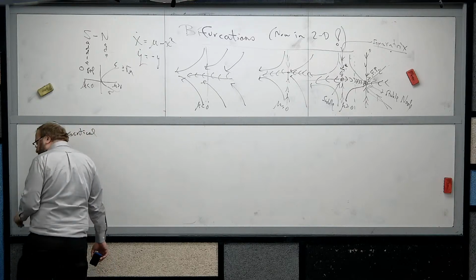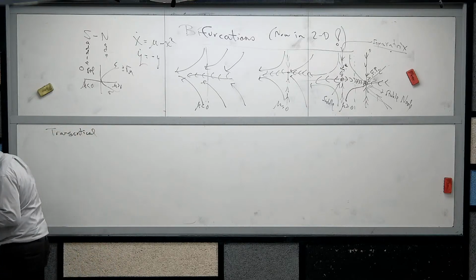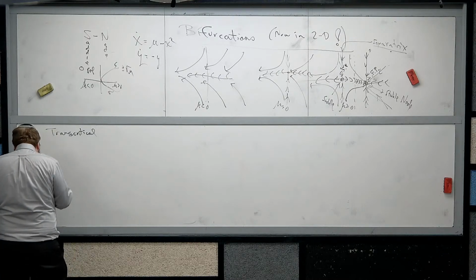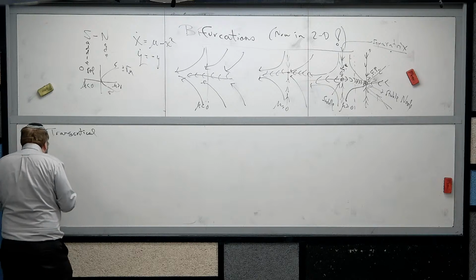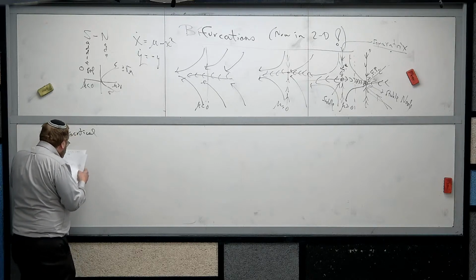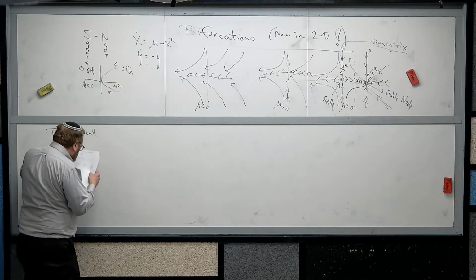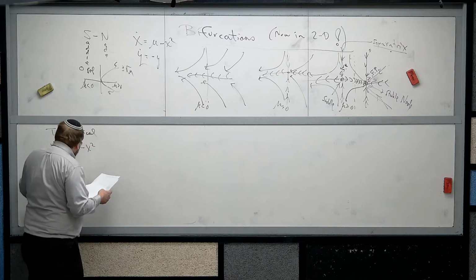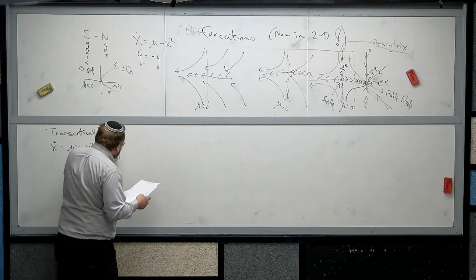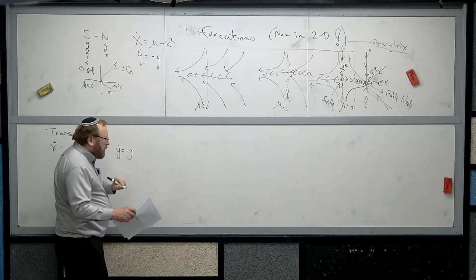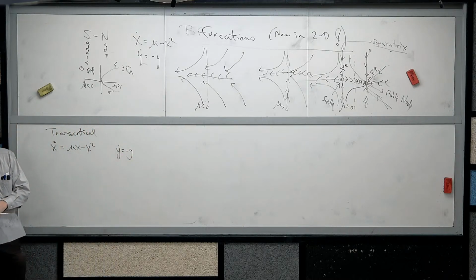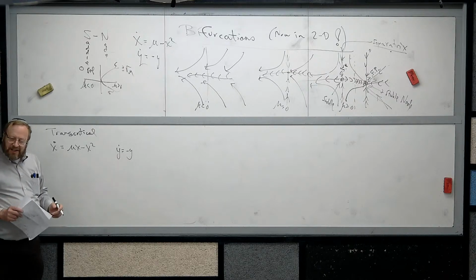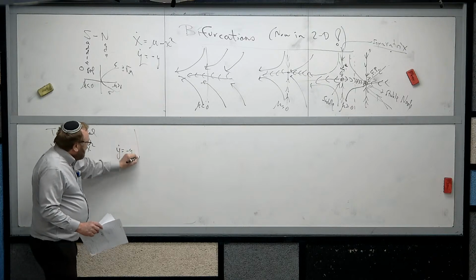Which was x dot equals mu x minus x squared, and then we can promote this to 2 dimensions with trivial y dynamics. The y dot is minus y, and then you can draw the flow diagrams, and we'll leave that as an exercise to the reader.